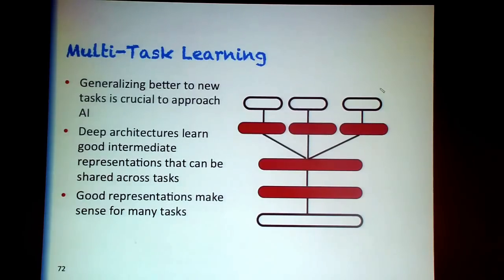There are a number of cases in the literature of using deep learning for multitask learning, and Chris has already mentioned this is one of the reasons why deep learning is interesting. One thing I want to add is there's a basic reason why it makes sense to learn intermediate representations when you're going to consider multiple tasks. And the idea is that in the world around us, there are a number of explanatory factors that explain the data that we observe.